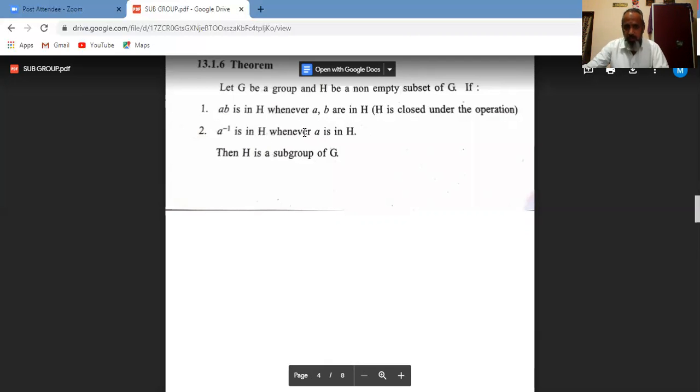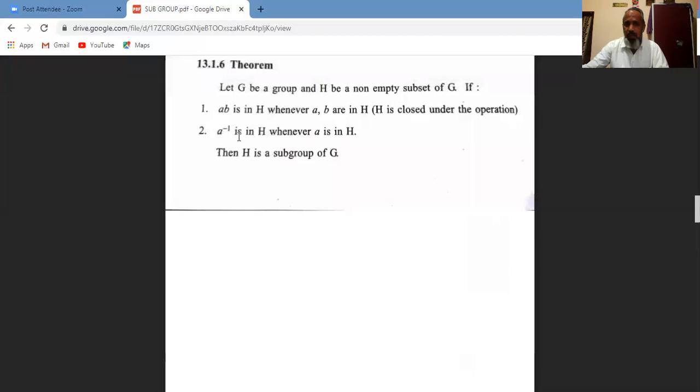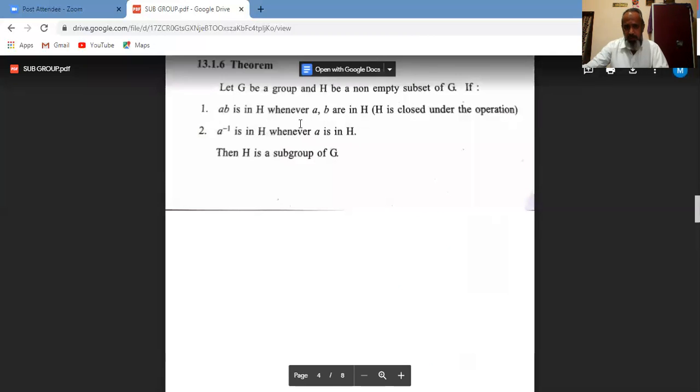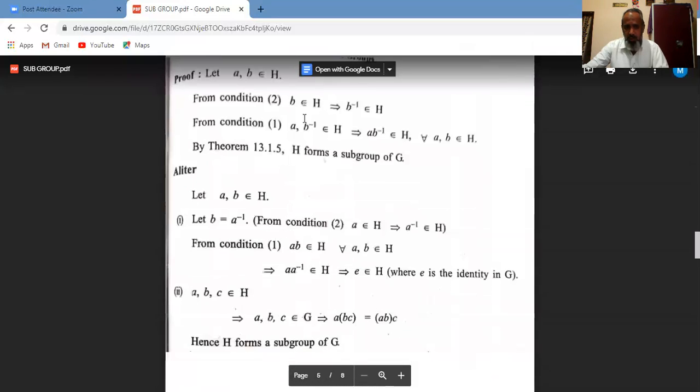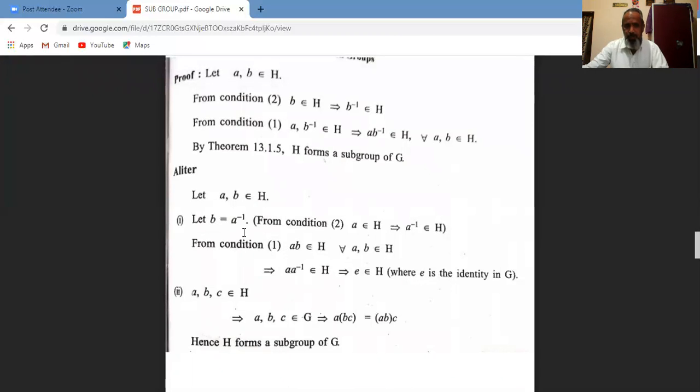And from condition 2, every element in H has an inverse element. So the inverse property is also satisfied. Now we have to satisfy associative and identity element. So if we prove associative and identity element, we have proved this.